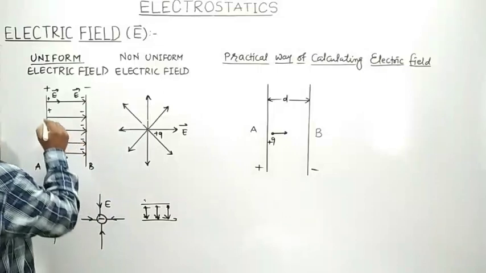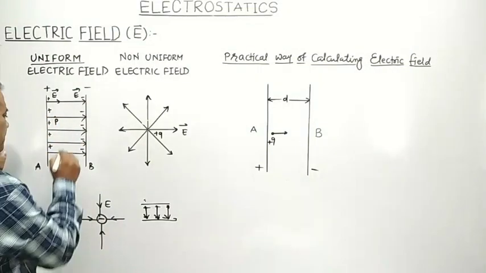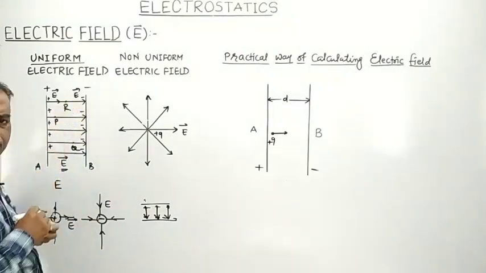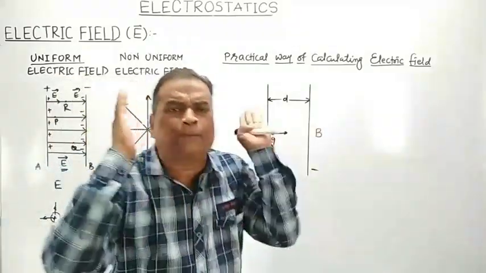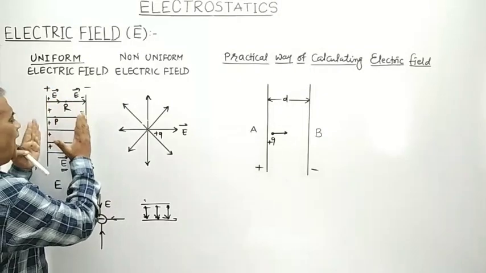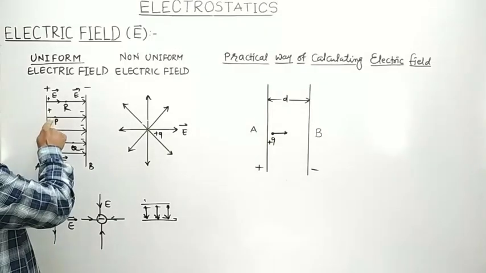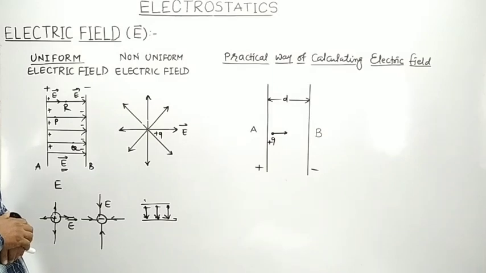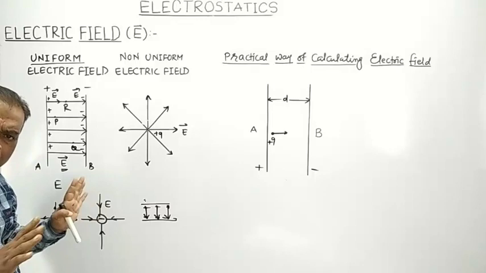It means, if I measure the electric field intensity either at point P or at point Q or at point R, these are different points in a space between the two charged parallel plates. Remember, the intensity at every point, their magnitude must be what? Same.